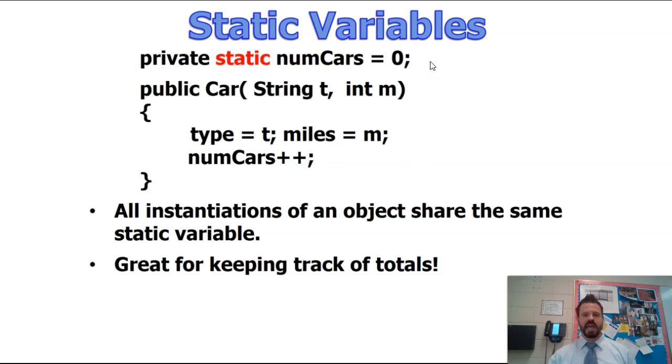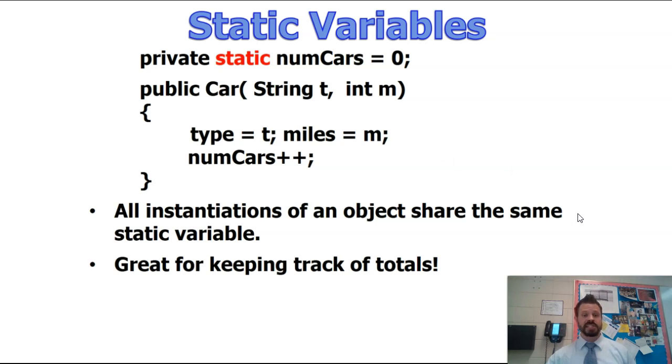So what I have here is a static variable, numCars, that isn't going to belong to an individual car, but to the entire class as a whole. So essentially what this variable is doing is it's starting at 0, and every time I create a car object, it's going to go up by 1. So I have a variable that's essentially just keeping track of the number of car objects I've created.